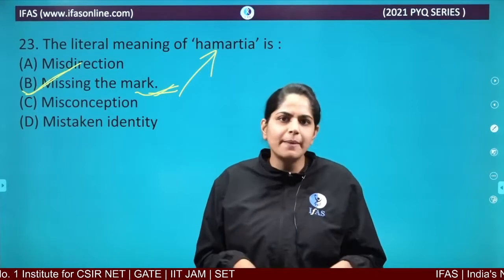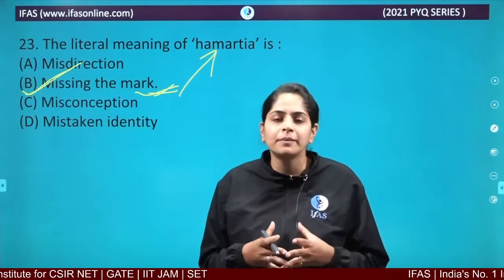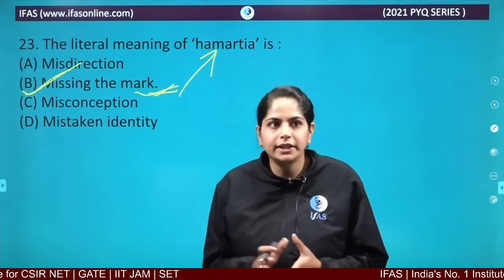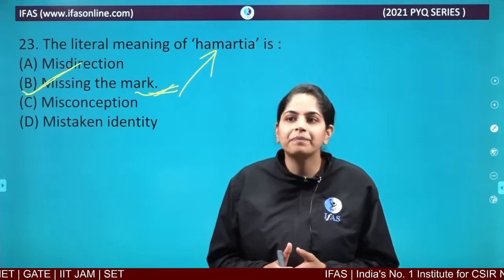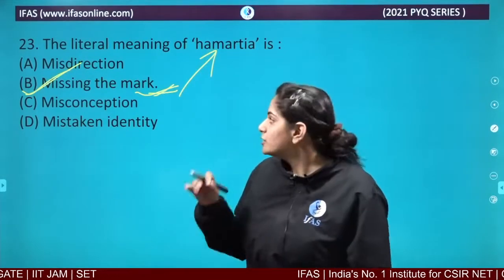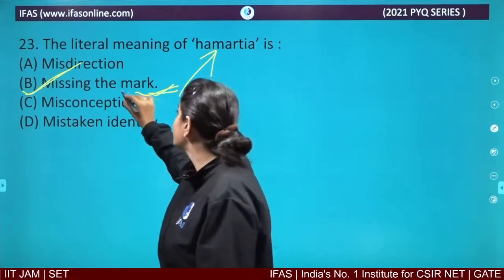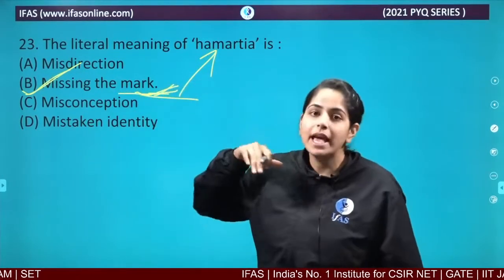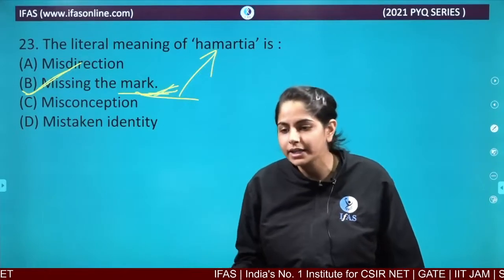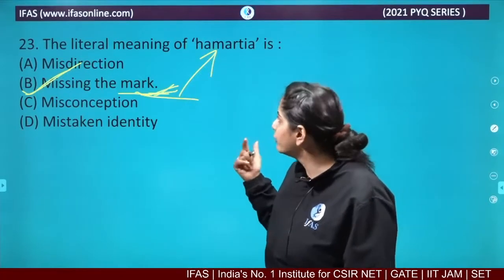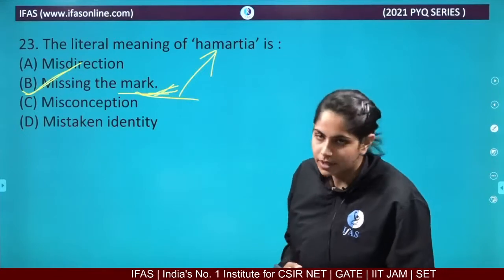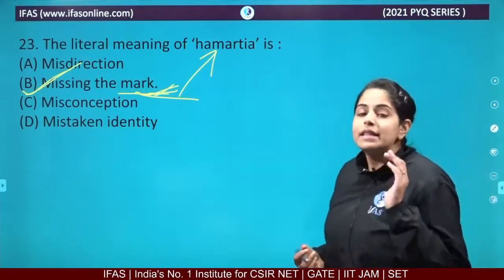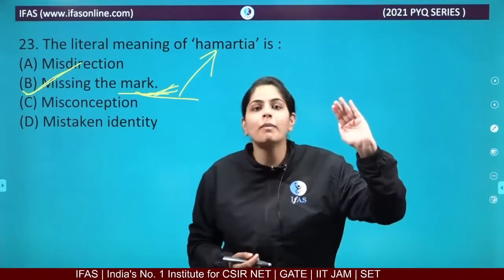That was very disastrous and very disturbing. That was the missing the mark, the hamartia of the play. So this is the literal meaning of hamartia: missing the mark. That is why the play couldn't be up to the mark.